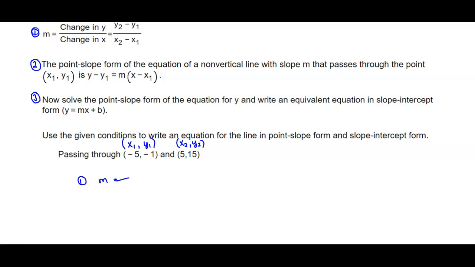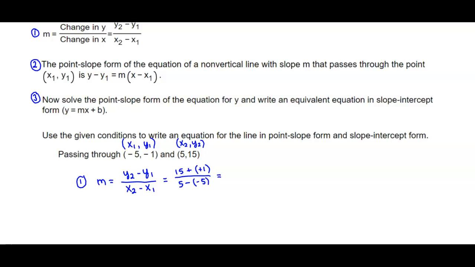Again, the formula for the slope is the following: m is equal to y2 minus y1 over x2 minus x1. Well, y2 is 15, and we're subtracting y1, which is -1. x2 is 5, and we're subtracting x1, which is -5.